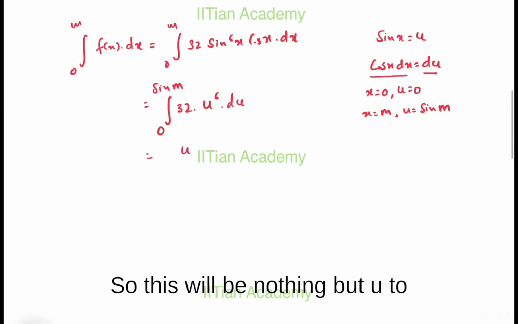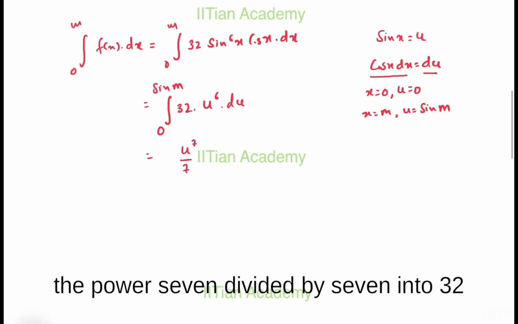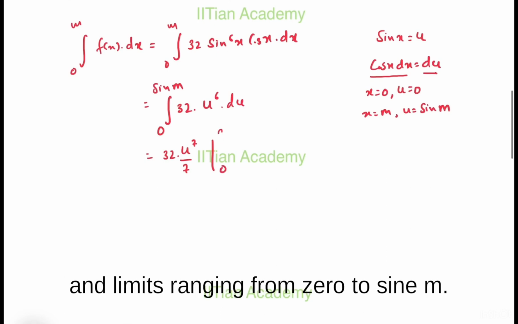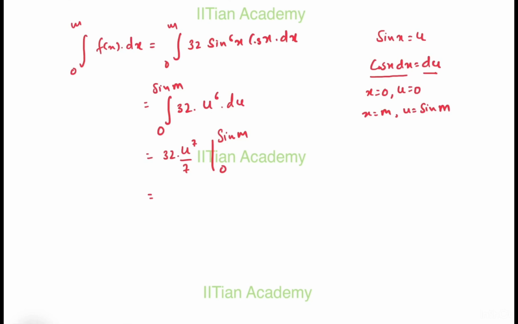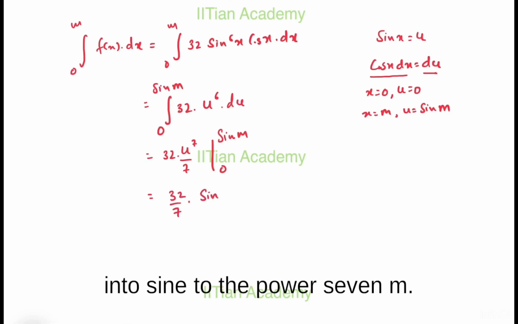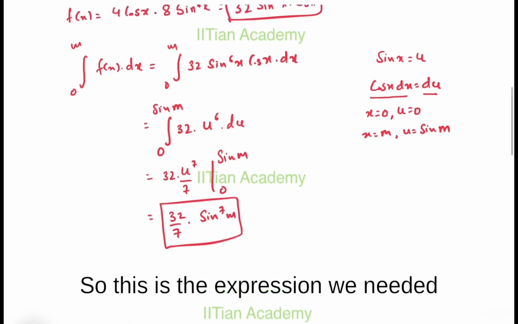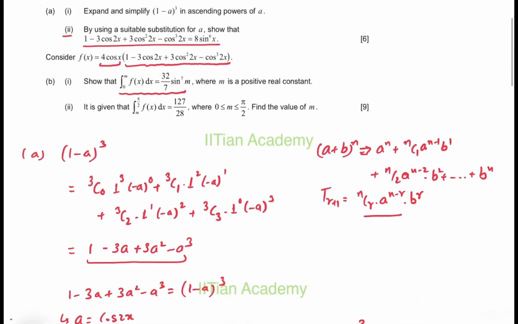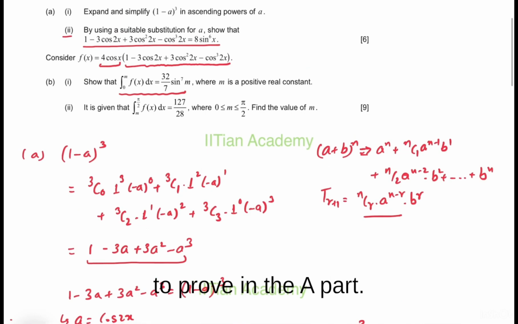This will be u^7 divided by 7 into 32, with limits from 0 to sin m. So this will be 32/7 into sin^7 m. This is the expression we needed to prove in part A.